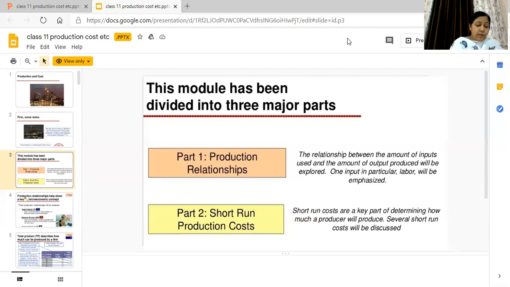The long run refers to a period in which the output can be changed by changing all factors of production. All factors means they will change their machineries also, extend the land also, and the building also. I will give an example.